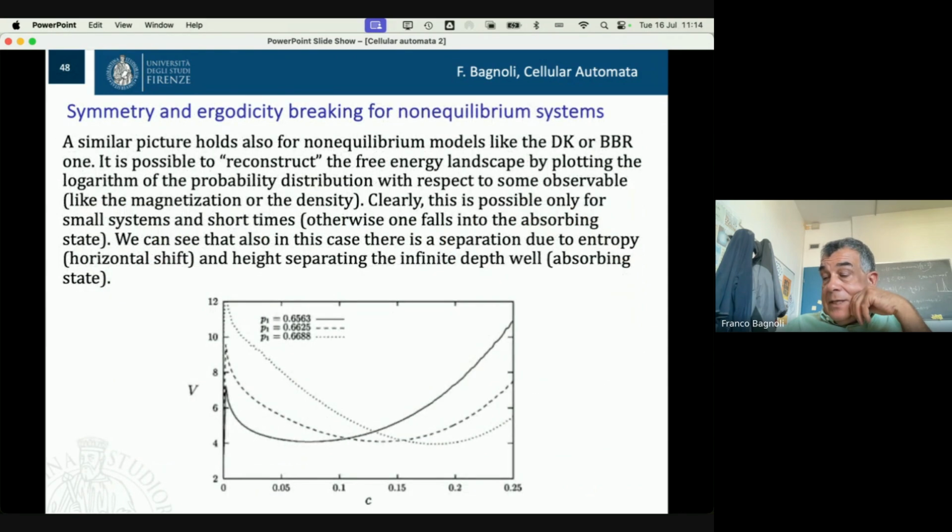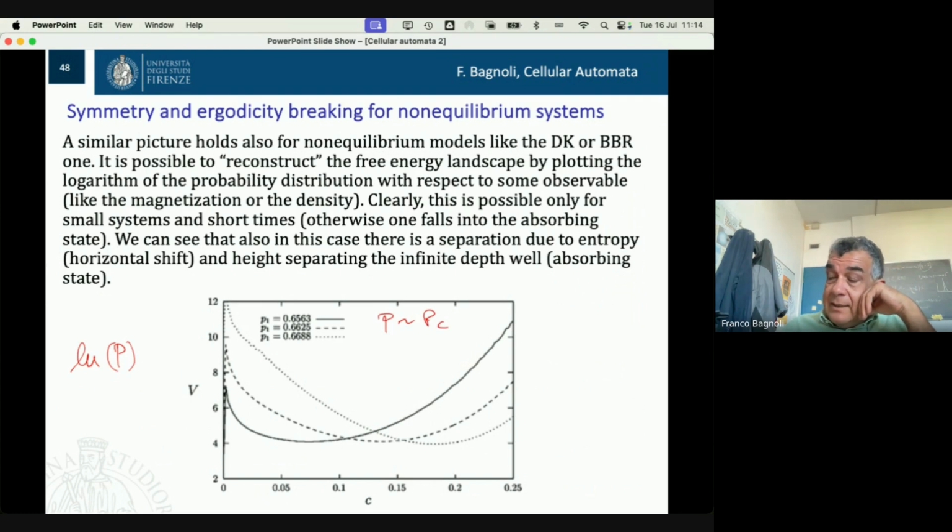And we can also do the same, for instance, for the Domany-Kinzel model, where we do not have energy, we do not have temperature, we only have probabilities. But if we plot the logarithm of the probability distribution, again, for P very near Pc, because in the Domany-Kinzel we have an absorbing state.